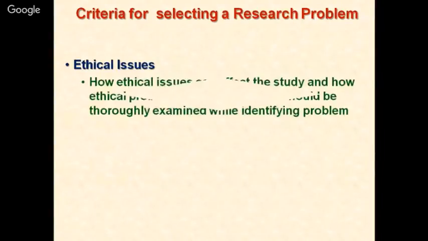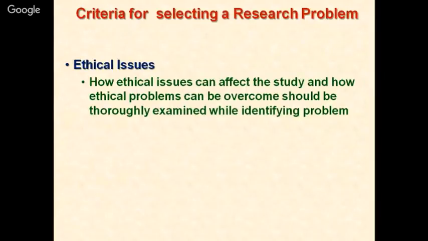Ethical issues, like how ethical issues can affect the study and how ethical problems can be overcome, should be thoroughly examined while identifying a problem. Say one student is interested in investigating the effect of EEG on humans.